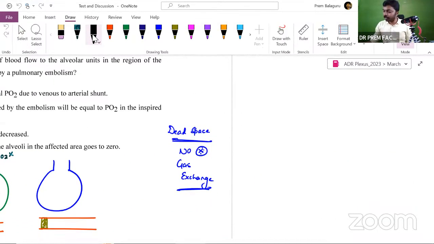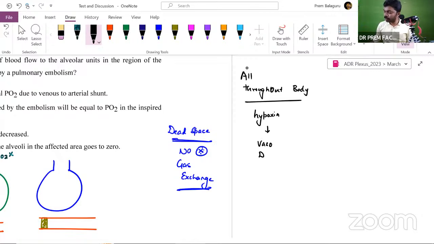This is a very important point you have to remember. All throughout the body, hypoxia is going to cause vasodilatation. And there is one exception, called lungs.